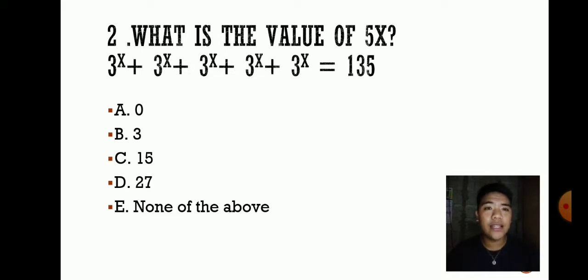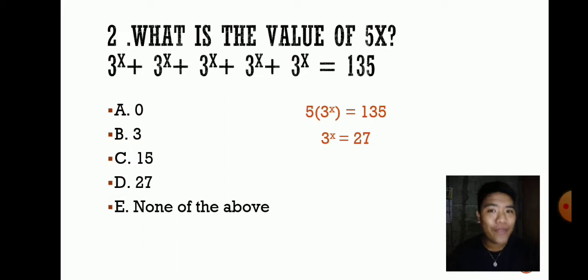So when we deal with this equation, we definitely follow the rules of exponent. When their bases are all the same, we can factor it and rewrite it into 5 times 3 raised to the power of x is equal to 135. So we can divide both sides by 5, so that becomes 3 raised to the power of x is equal to 27.